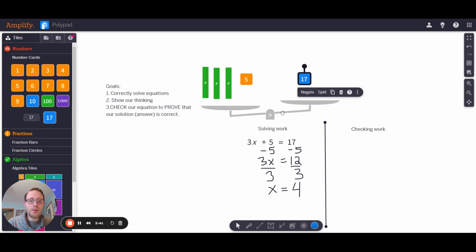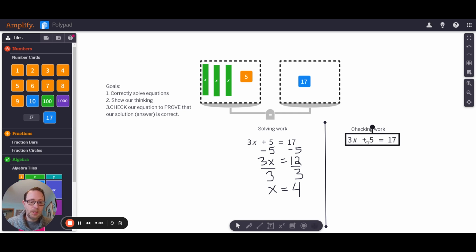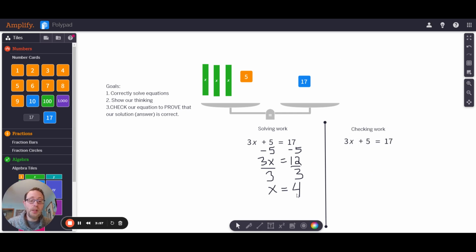So when we check our work, we always start from the original equation. So I'm going to put that over here. The original equation is 3x plus 5 equals 17. I want to know if x being 4 makes this true.